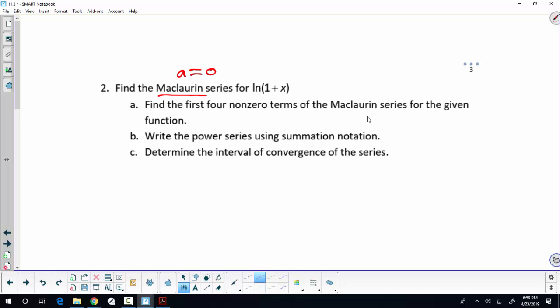So we're evaluating it at 0. And so I can plug in.